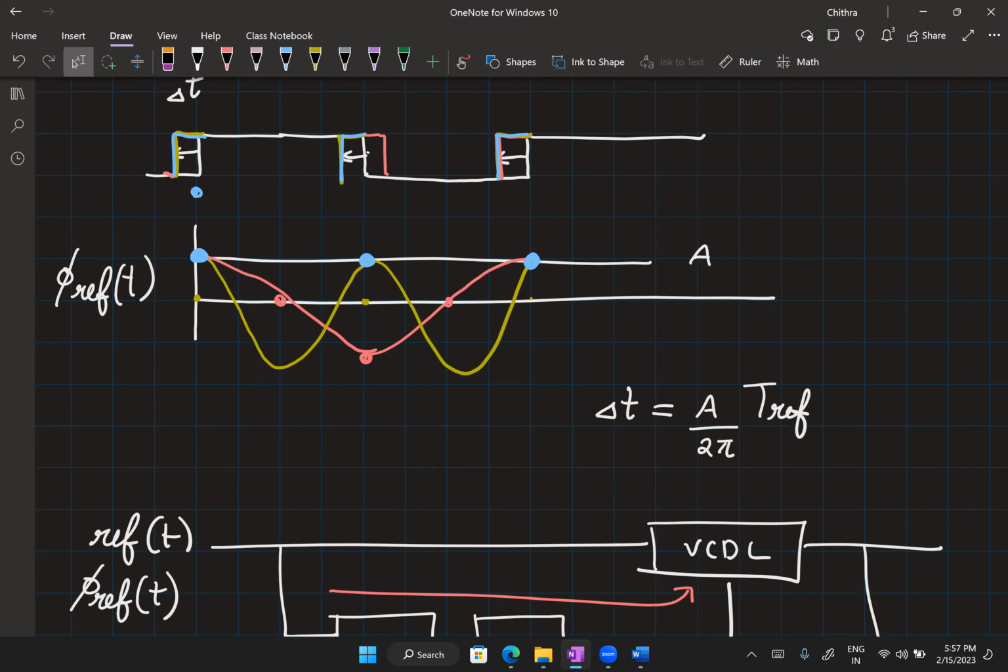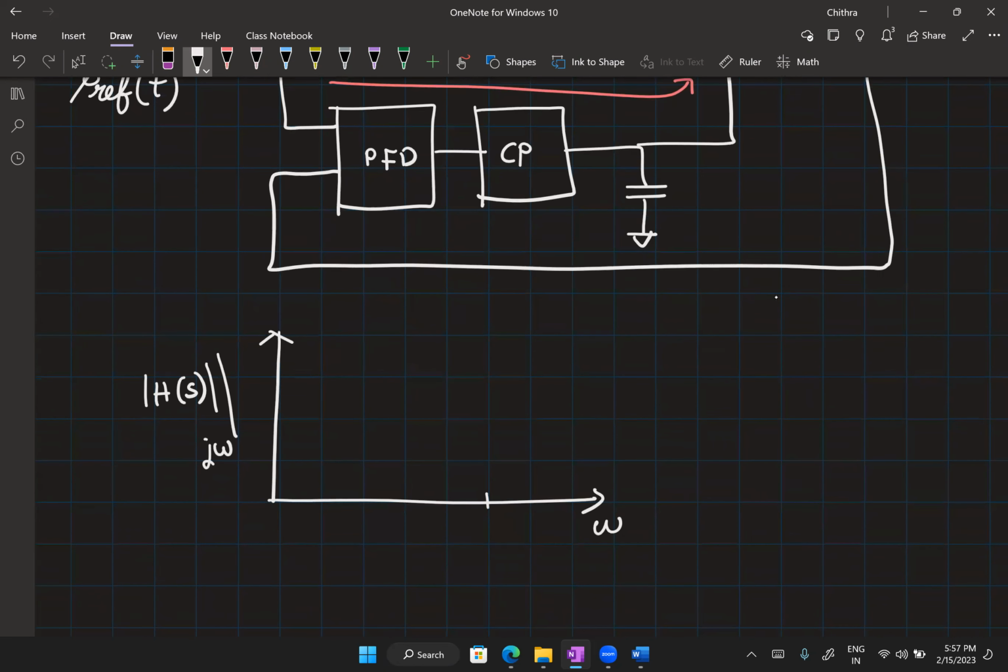So now we are sampling it at omega ref because our rising edges are coming at every t ref, right? So our sampling rate is f ref or omega ref, right? So I can rely on this model up to omega ref by 2. Okay. At omega ref by 2.